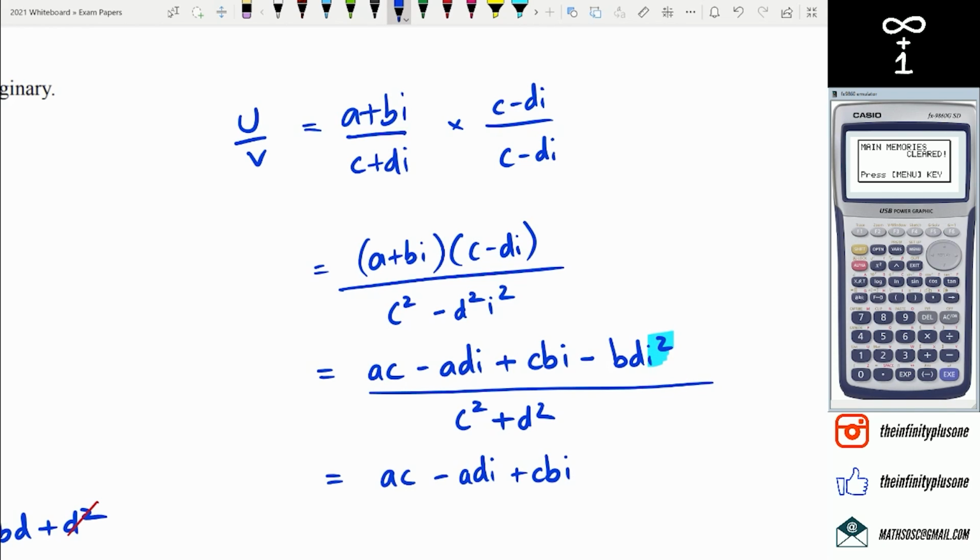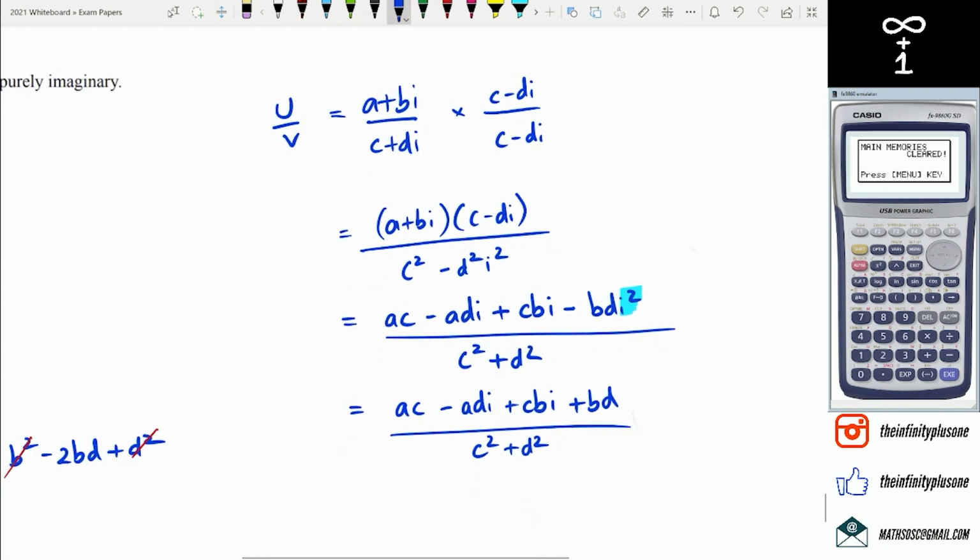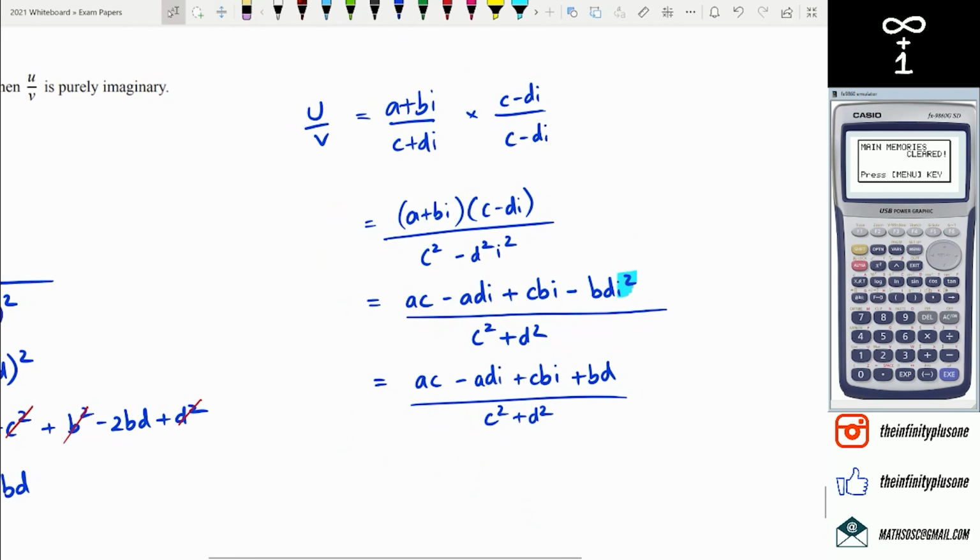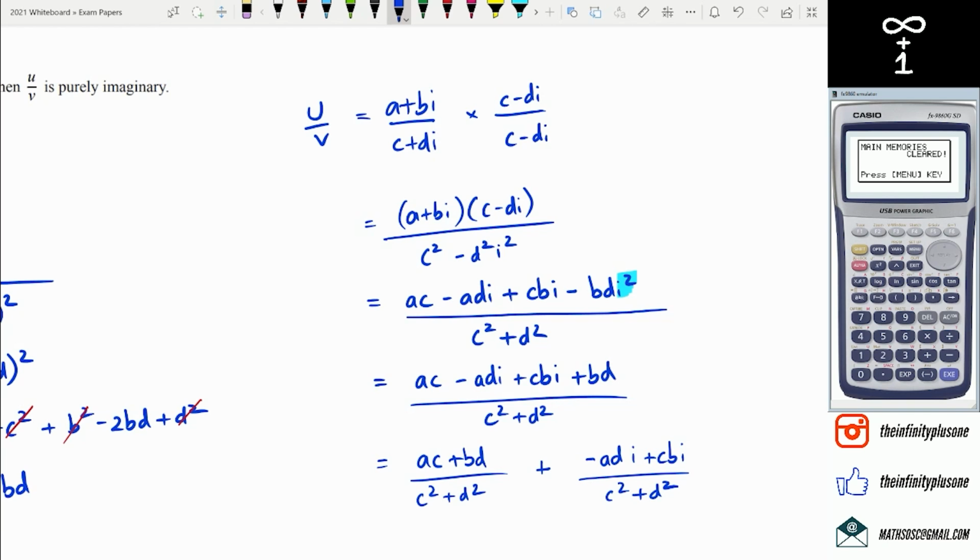Negative 1 times negative bd is positive bd over c squared plus d squared. Now, I can split this up into real and imaginary. So I've got ac plus bd over c squared plus d squared. And then I've got minus adi plus cbi over c squared plus d squared.